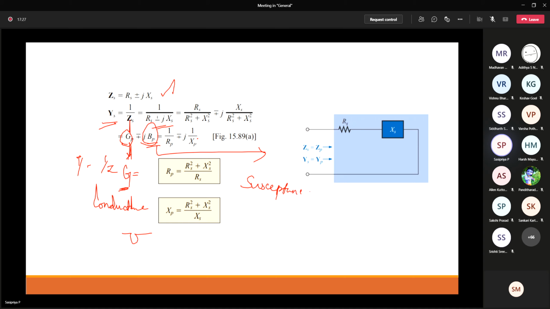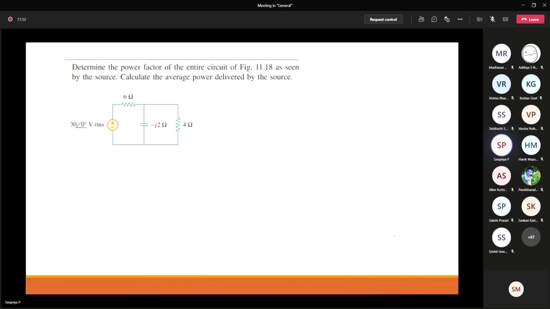Just as your impedance has resistance and reactance, both with units of ohms, the admittance has conductance and susceptance, and the unit for both of them is mho or Siemens. This way, for series-parallel combinations, we can use all these different things.